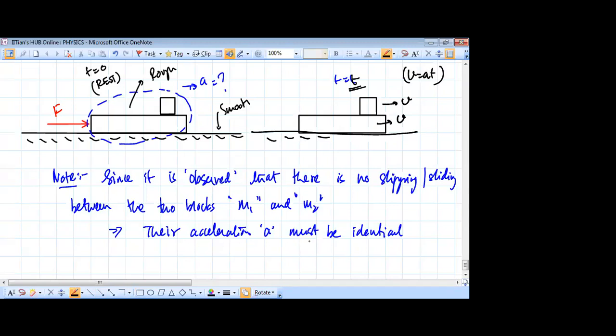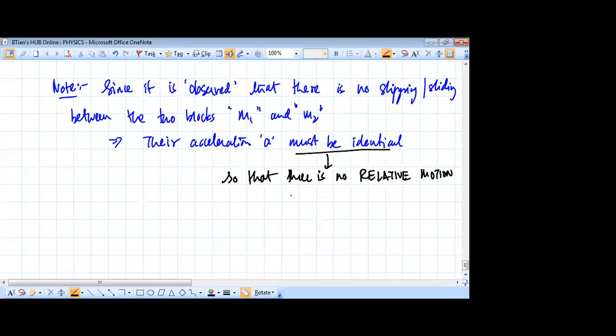Their acceleration must be identical, so that there is no relative motion between them. This is the meaning of this. So no relative motion between them.